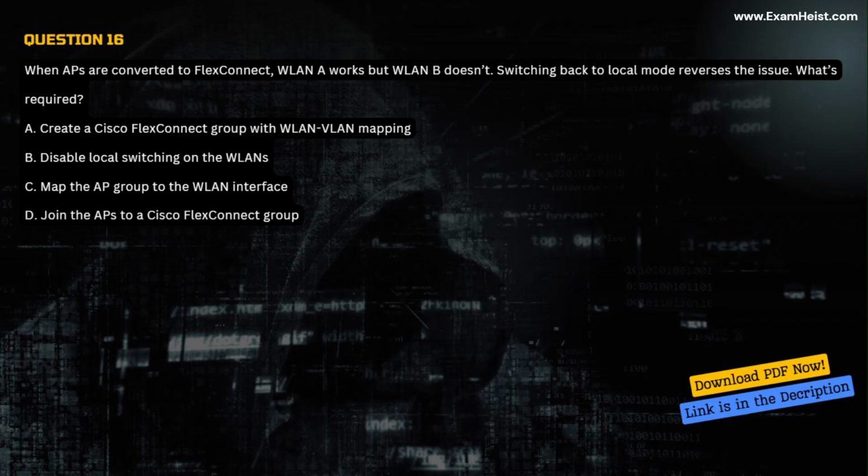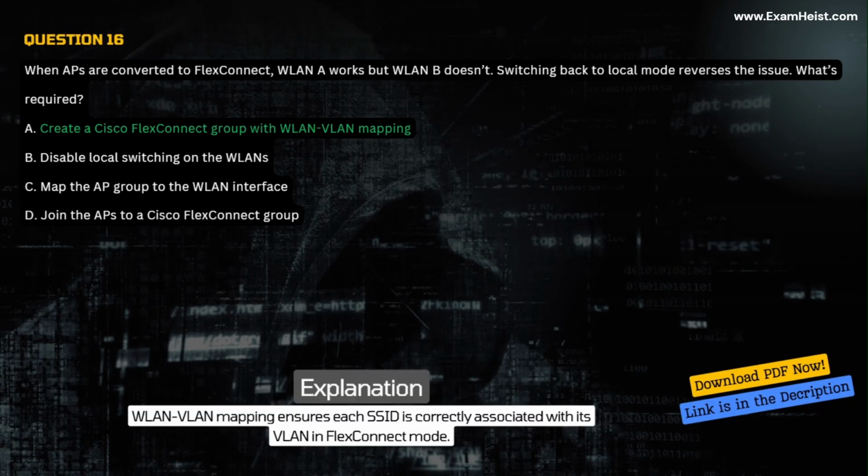C. Map the AP group to the WLAN interface. D. Join the APs to a Cisco FlexConnect group. Correct answer A. Create a Cisco FlexConnect group with WLAN VLAN mapping. Explanation. WLAN VLAN mapping ensures each SSID is correctly associated with its VLAN in FlexConnect mode.